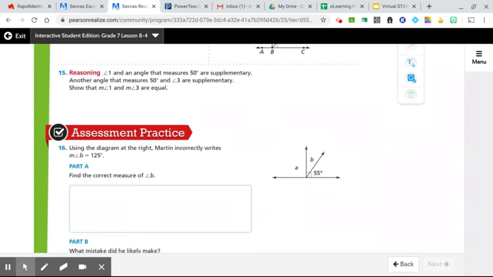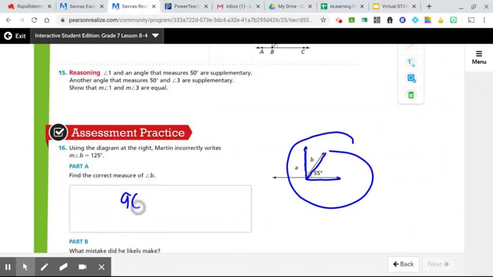So let's look at what I know about angle B. Well, I know it's right here. And if I look, I can see that it's part of another angle that forms a 90-degree angle, which is complementary, right? Because this whole thing is 90 degrees. So the correct measure of angle B is going to have a total of 90.